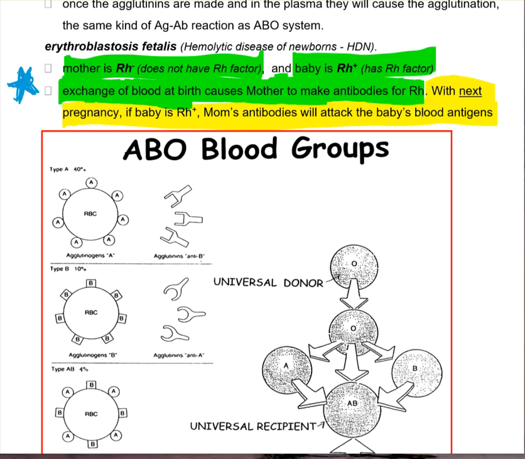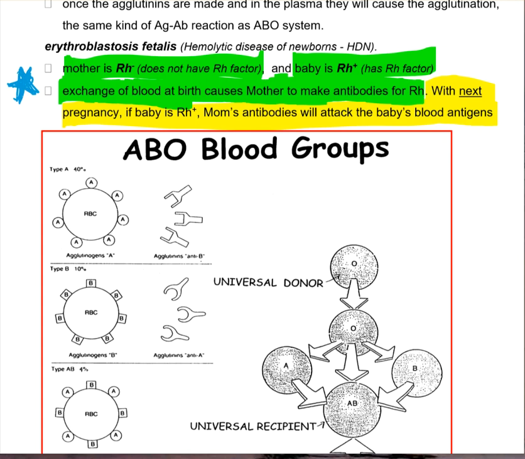And so what do we do? Well, even at the first pregnancy, if we identify that the baby is Rh positive and mom is negative, or we don't know what the baby's state is. So, for example, if the father is negative and the mother is negative, there's no way the baby can be positive. But if we don't know the father's blood status, or we know for sure the baby is Rh positive, what we do now is we give the RhoGAM shot.